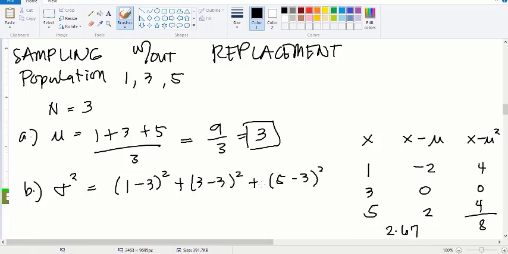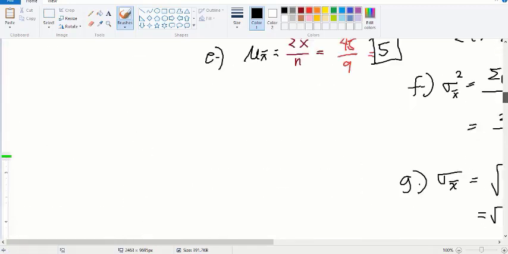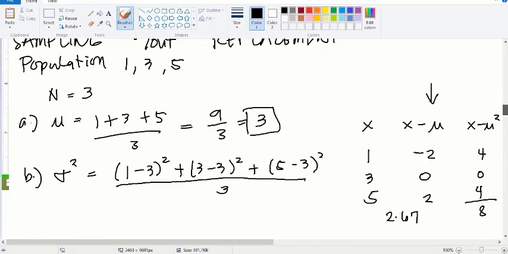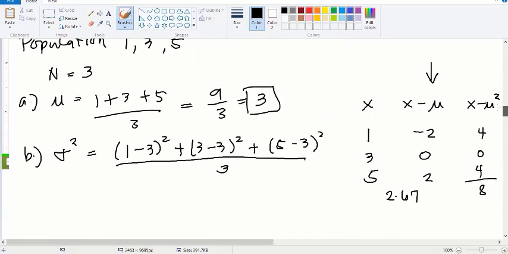2.67. Or you can do it this way as well, no? Depende sa inyo. But there are times na mas maganda 'to, there are times na okay lang 'to. At this point, okay lang siya kasi tatlo lang eh. Eh, paano kung tulad dito? Let's say tulad nito. Oh, ang dami nito. Kung ganun ang ginawa ko, ay naku, ang haba niyan, guys. Okay? So, it's actually the same thing.